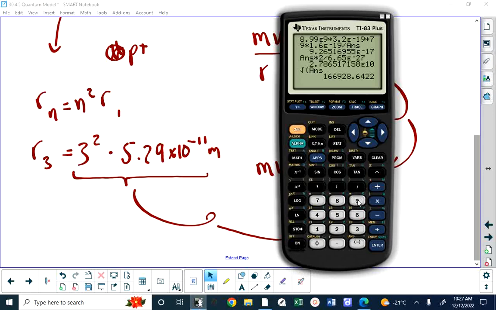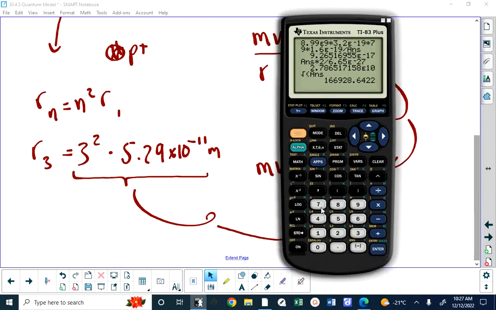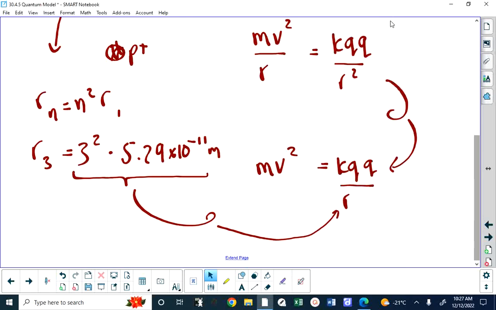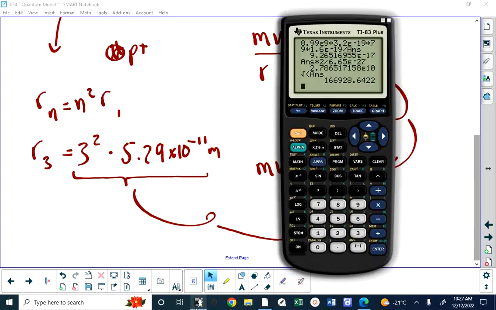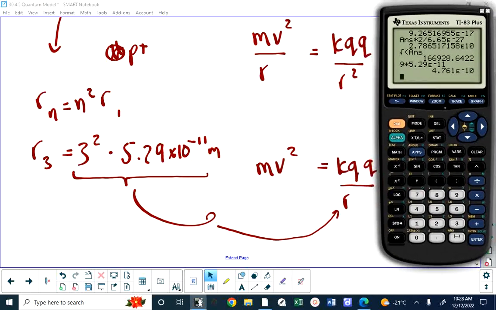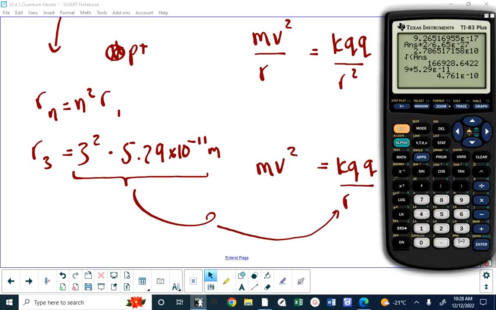Three squared is 9. Nine multiplied by 5.29 times 10 to the negative 11 meters. So this is the radius of the electron's path in the third energy level. Take k times the charge of an electron times the charge of a proton.